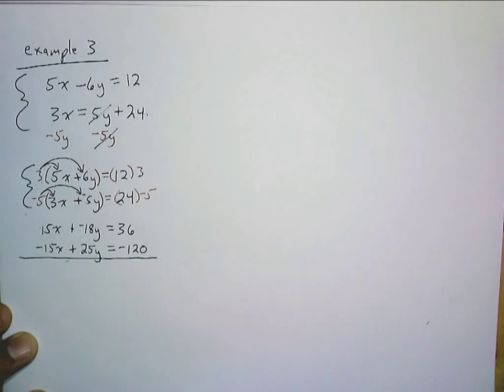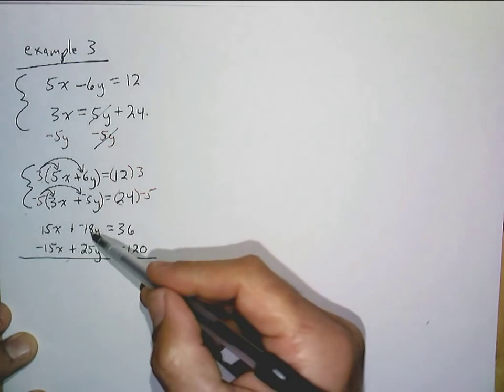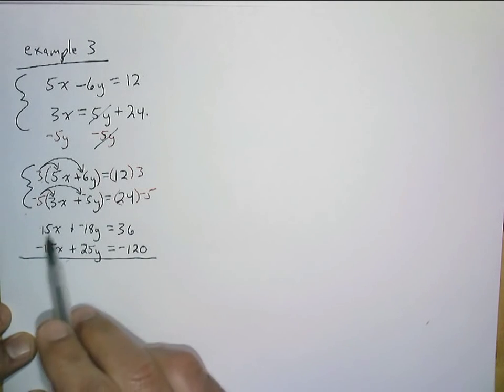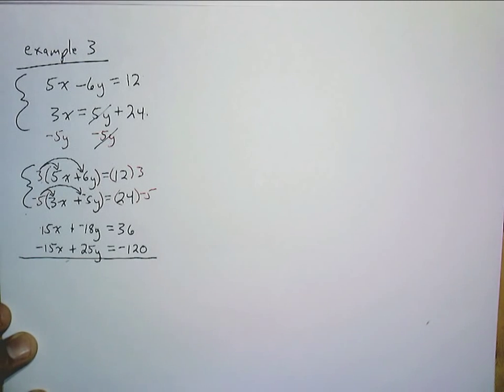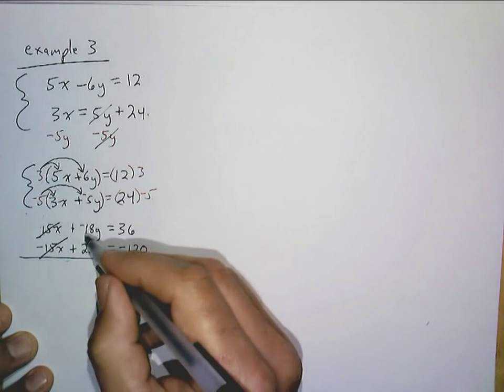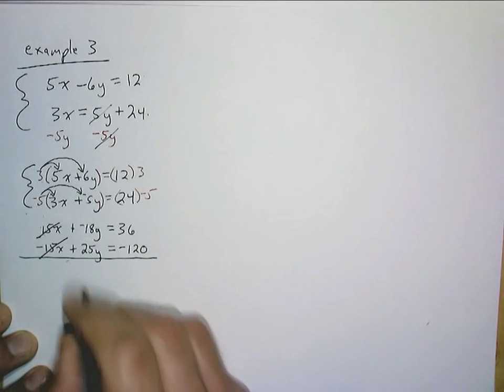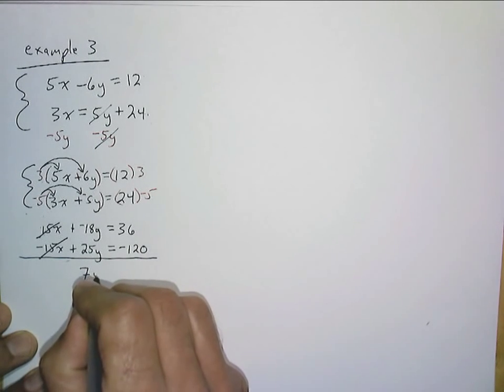Now we're going to get some elimination when we add the two equations together, or really add these left-hand sides together and these right-hand sides together, because 15x plus negative 15x, those are just going to go away. Now we've got negative 18y plus 25y, which is 7y.